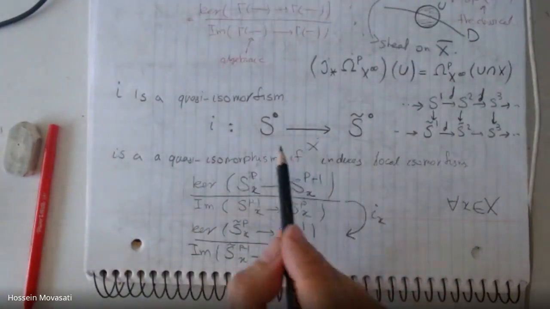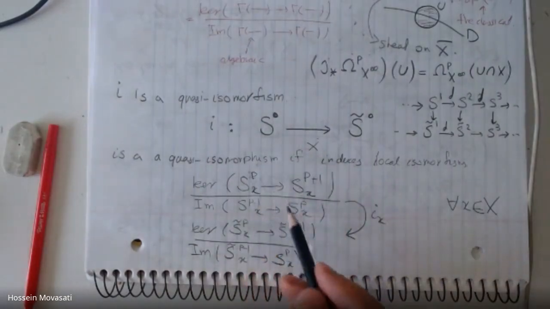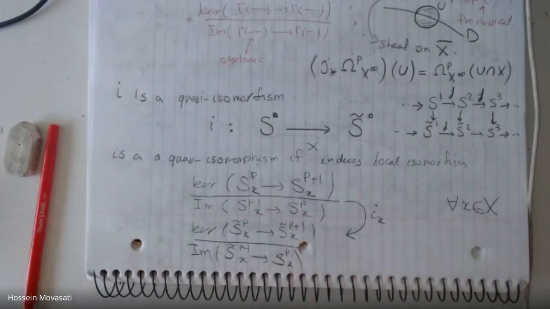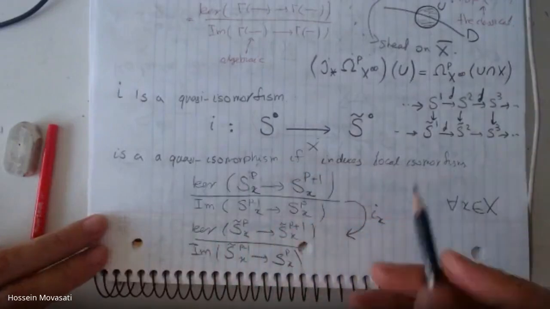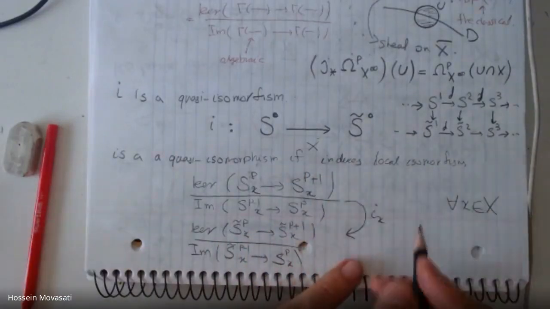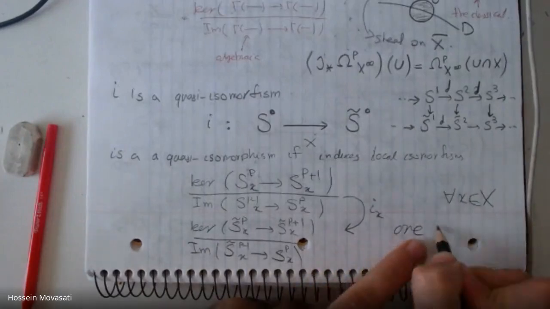Anyway, if you have a morphism, then locally you will have these maps, and a quasi-isomorphism is one where all these induced maps are isomorphisms.